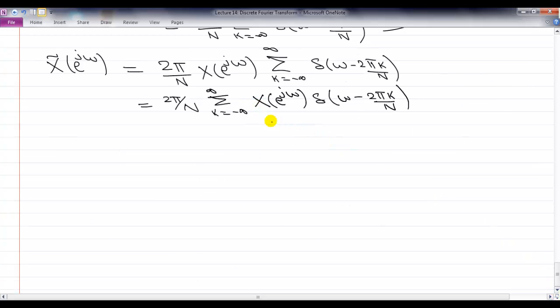Okay. Now here we have two functions getting multiplied. One is an impulse. The other is any function. Which property do we use of the impulse? The sifting property, which says that if you multiply a function with an impulse, you get back the impulse, where the area of the impulse gets scaled by the value of the function at that location.